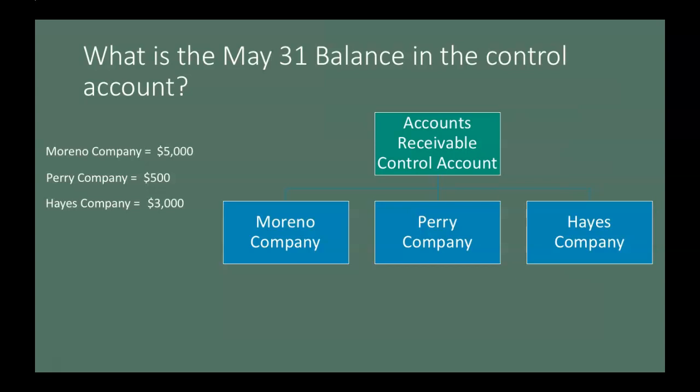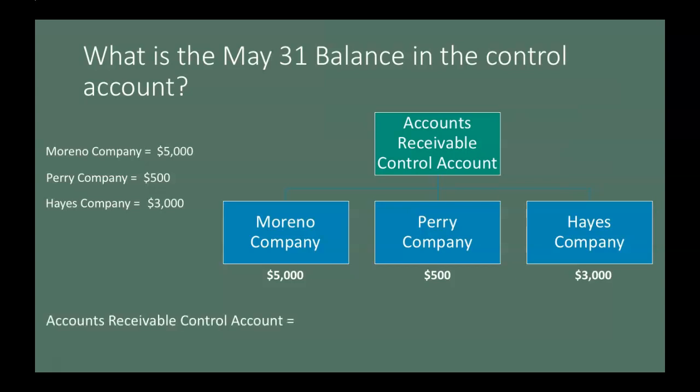Now, what is the May 31st balance in the control account? Well, your control account is made up of all of your subsidiaries. So Moreno Company and their $5,000 is part of that control account. Perry Company and their $500 is part of the control account. And Hayes Company's $3,000 is part of that control account.